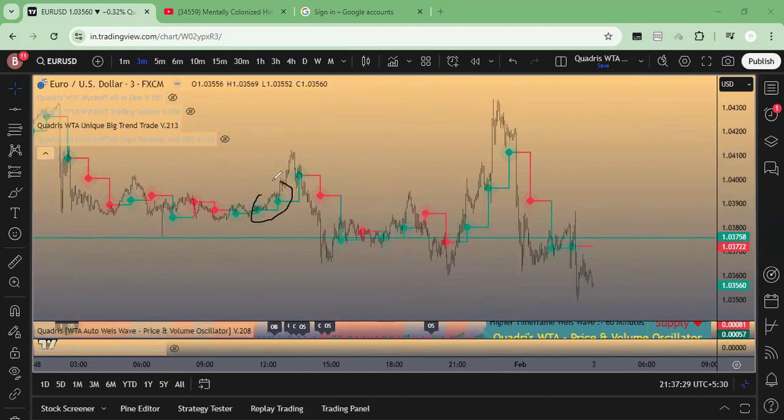You can apply it on this one. You got a buying opportunity at this particular point. You haven't got any selling opportunity here. Price was moving sideways. You got a buying opportunity here, and another buying opportunity at this point, and your stop would be here.